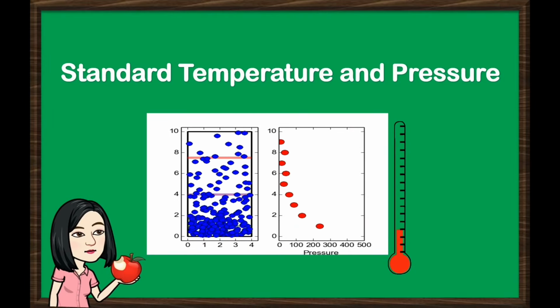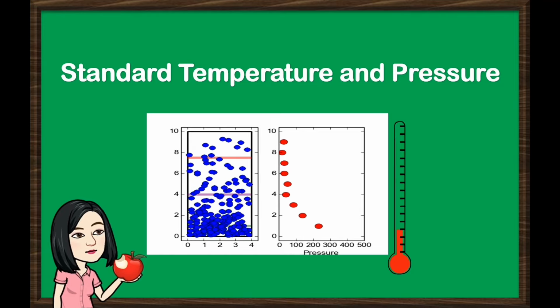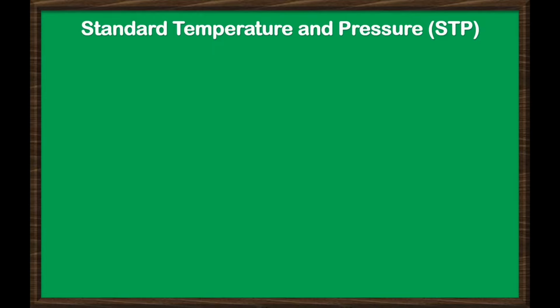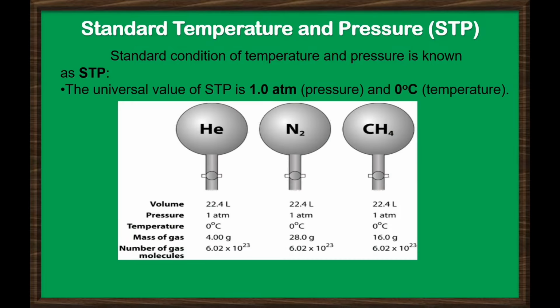What will be the behavior of gases at standard temperature and pressure? According to ideal gas law, standard condition of temperature and pressure is known as STP. There are two things you should know about this. First, the universal value of STP is 1.0 atmosphere for pressure and 0 degrees Celsius for temperature.